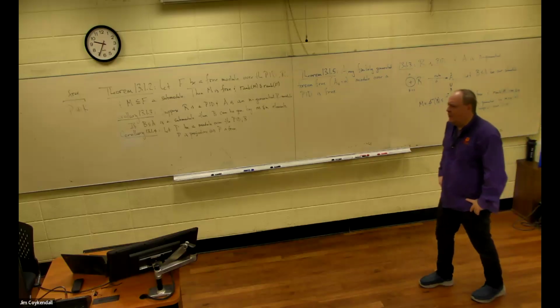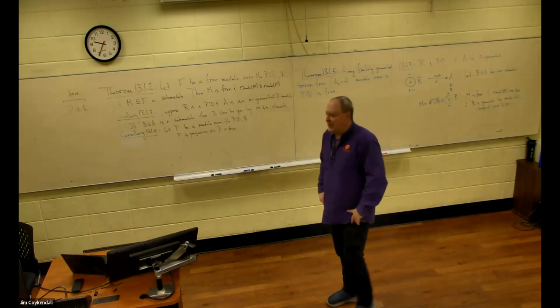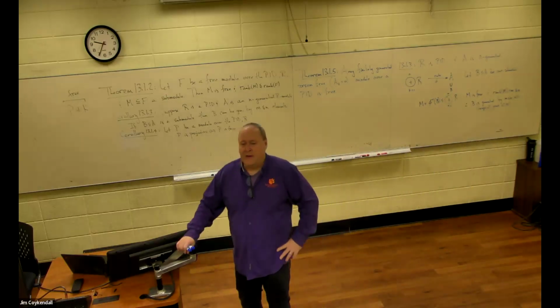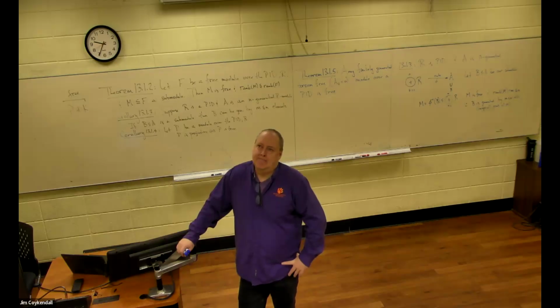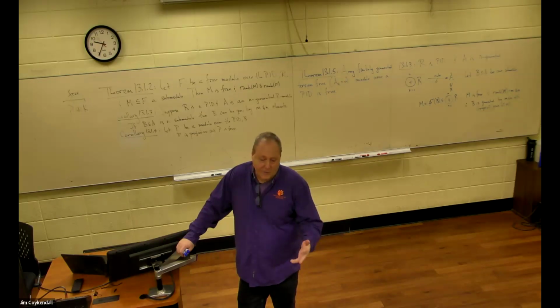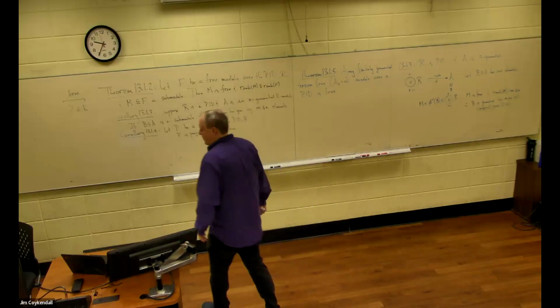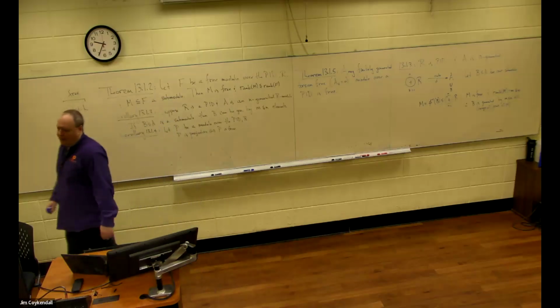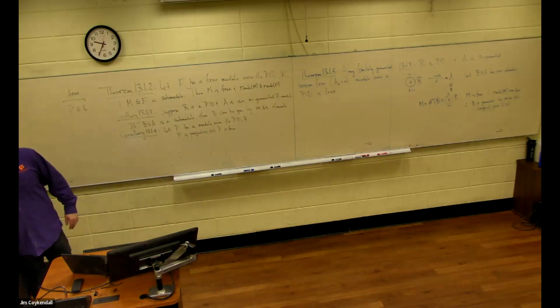Finitely generated has a little more subtlety to it. Can anybody think of a torsion-free module over Z that is not free? I want it to be torsion-free, a Z module, so it's an abelian group, anything you like, that's not a free Z module. I think you may have an example like this earlier.